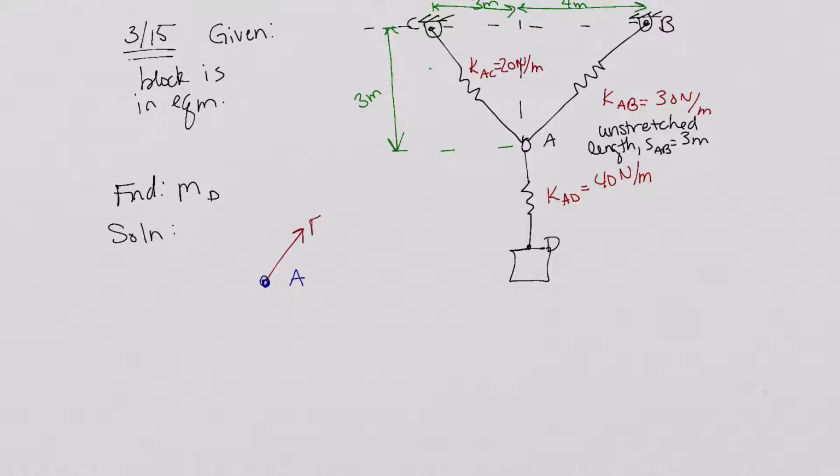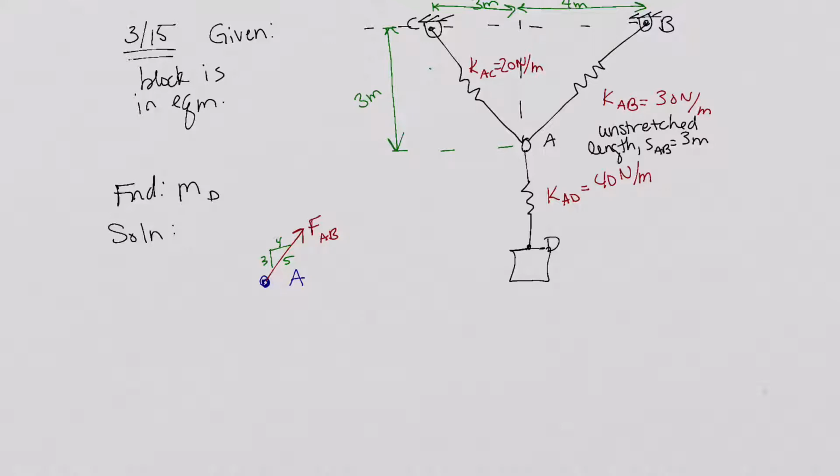So that's the force of AB, and it's basically a 3, 4, 5 triangle here.